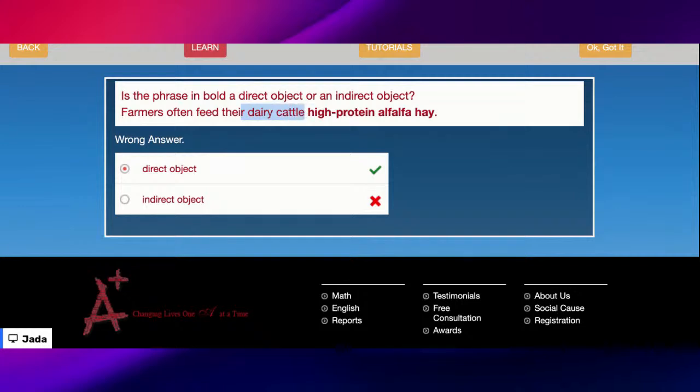Okay, so they're feeding it to their cattle. All right. Yes. Option one is the correct one. So you guys take notes. The direct object is the correct answer because the verb is feed and then they feed it to the cattle. Okay.